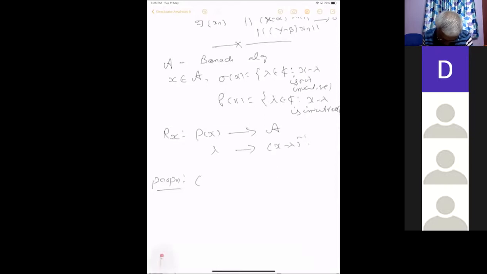Before that, I want to define what the spectral radius is. For x in the Banach algebra A, the spectral radius r(x) is equal to the supremum of mod lambda, for lambda in sigma of x.